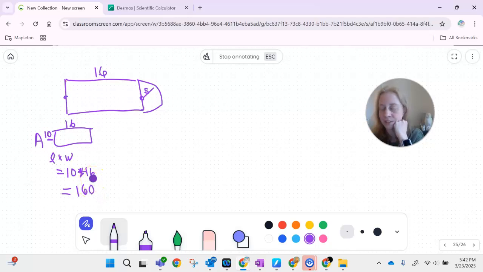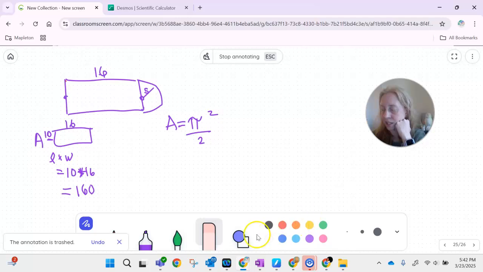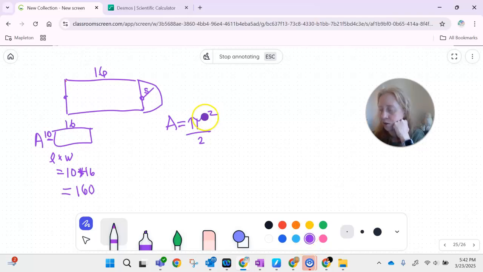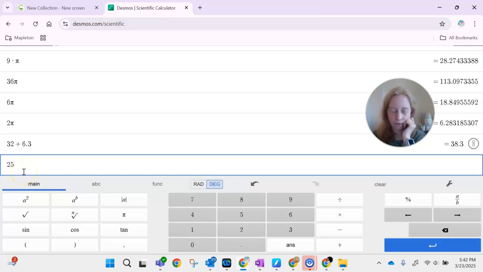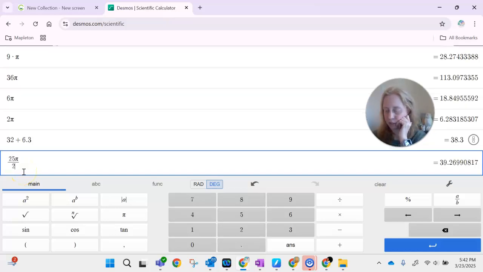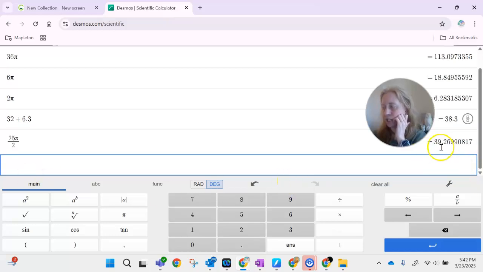10 times 16, 160. And now I'm going to do the same thing I did before on my semicircle, except this time I already have the radius. I don't have to do extra thinking about what is the radius. I'm given the radius, and so I'm just going to plug that 5 in. So 5 squared, 25. This time I am just going to put this in: 25 pi divided by 2, which is 39, and then this 2 is going to round up to a 3.